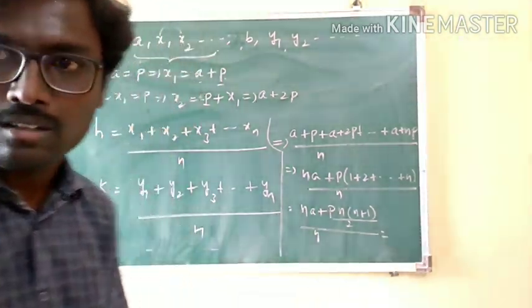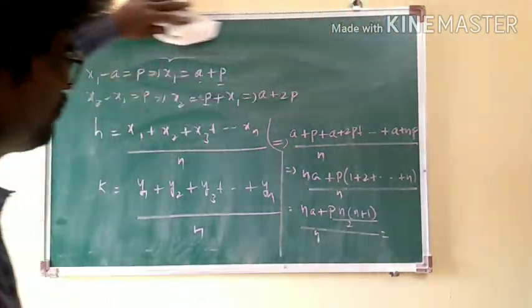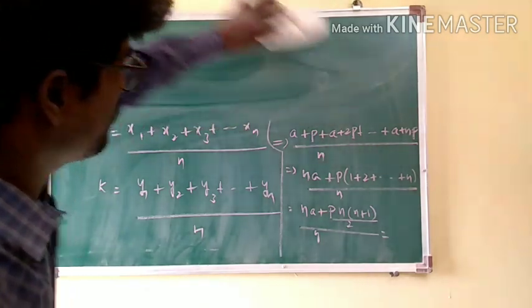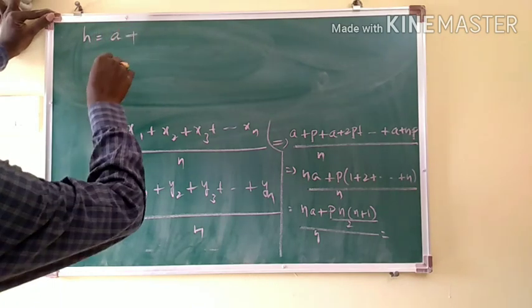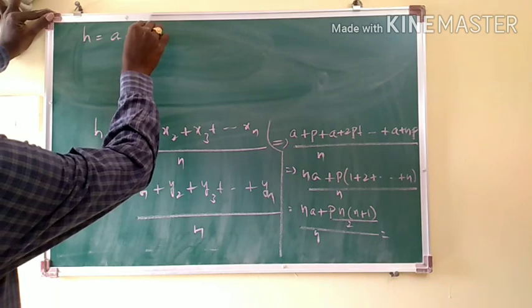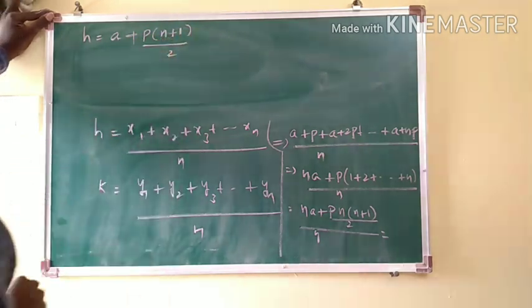Okay, I am just erasing this part. h is equal to A plus P into n plus 1 by 2.